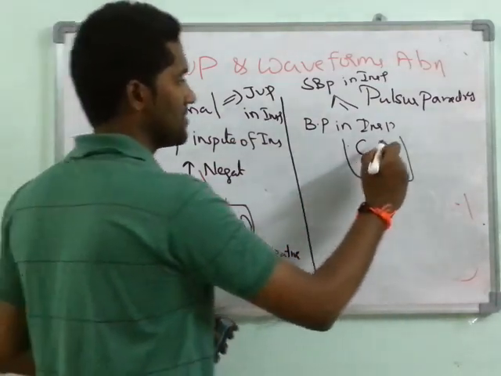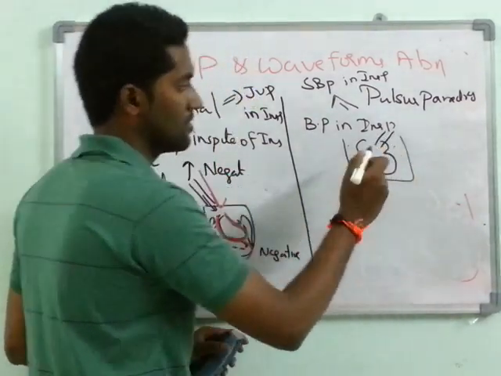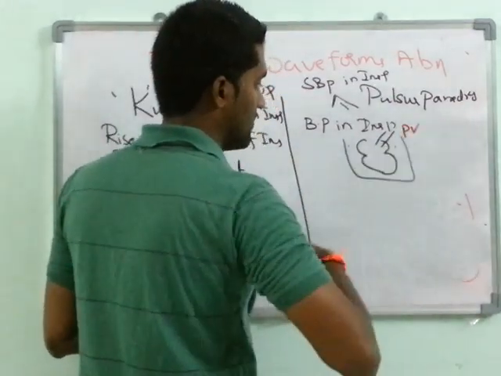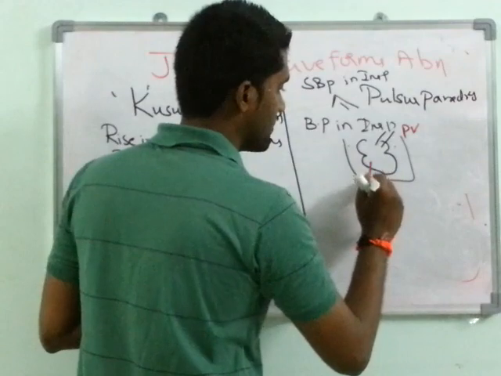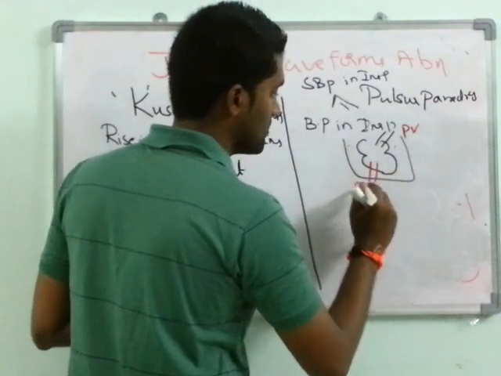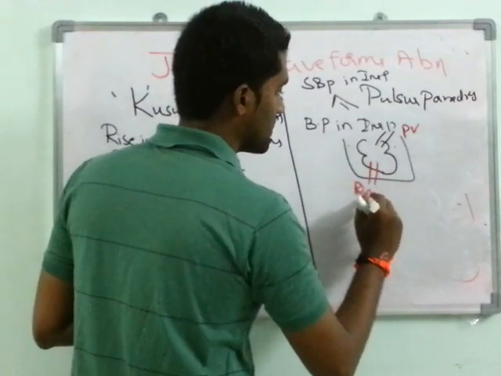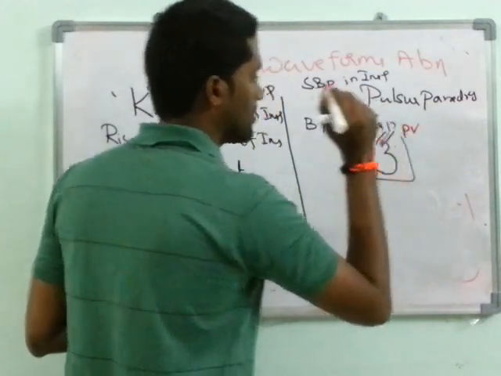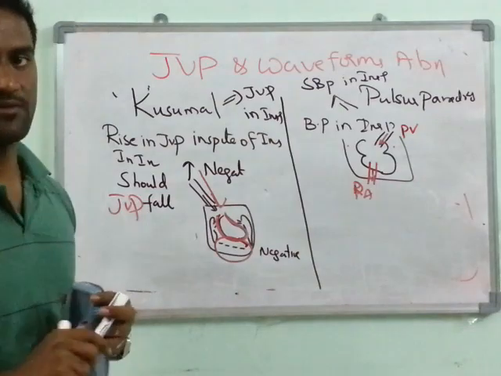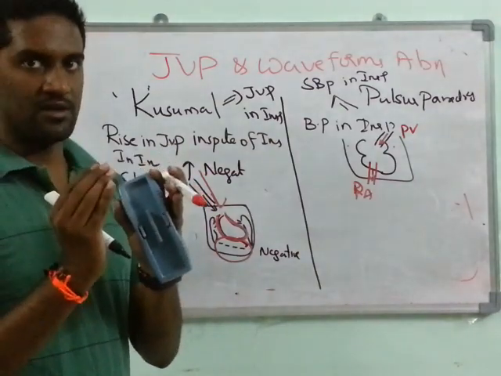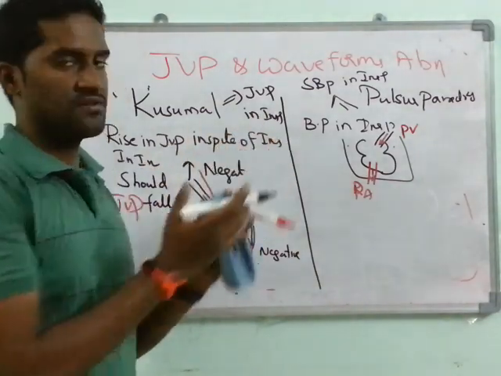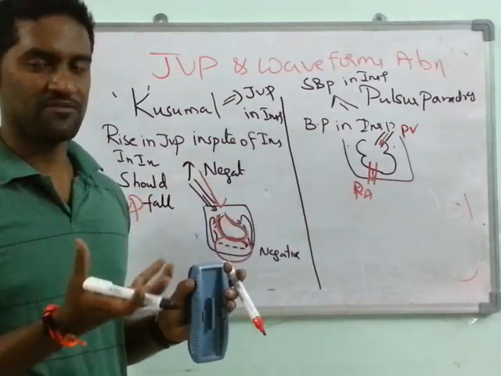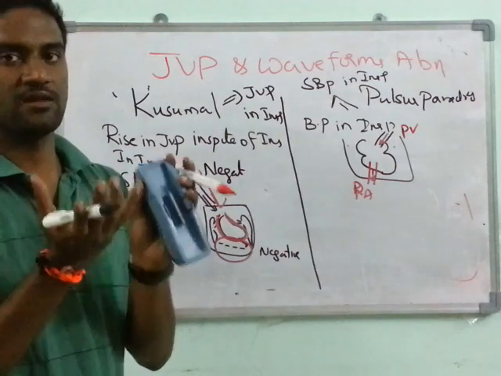We know that the supply to the left atrium is from the pulmonary veins. From the right ventricle, blood goes out to the pulmonary artery. What you have to remember is that the pulmonary circulation during inspiration becomes a compliant chamber. That is, it tries to hold all the blood within itself.